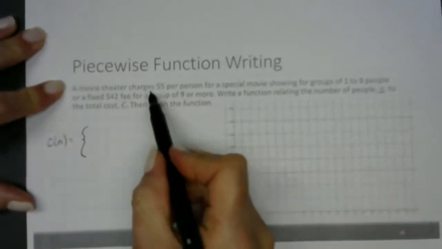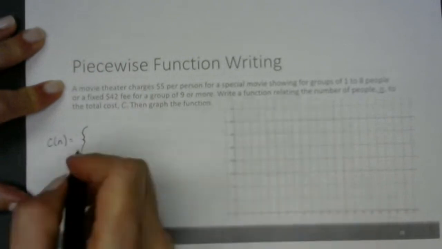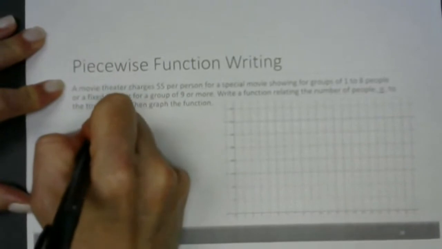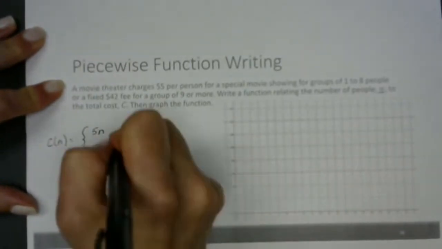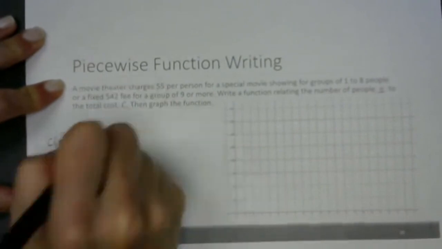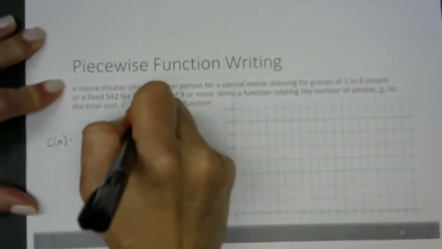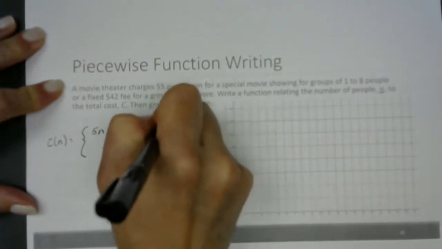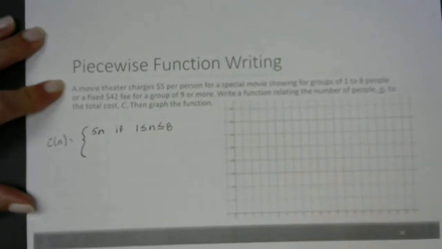The first rule says it's $5 per person for groups of 1 to 8. So $5 per person would be 5N, 5 times the number of people attending N, but that's only if N is between 1 and 8. So we'd say 1 is less than or equal to N is less than or equal to 8.